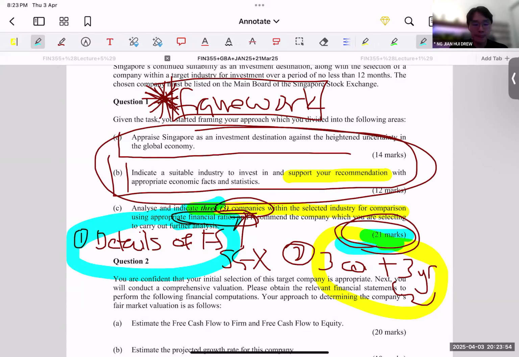And on this point, I want to highlight something also: the use of FS, financial statements, or MIT, market intelligence tools. Some groups don't even calculate, you just plug in the figures from S&P Capital IQ and Refinitiv. That is totally fine as well.